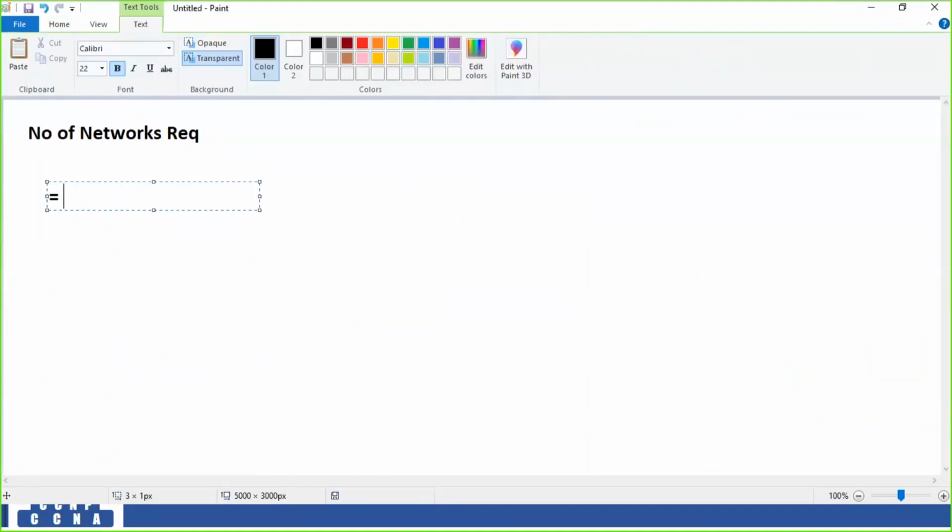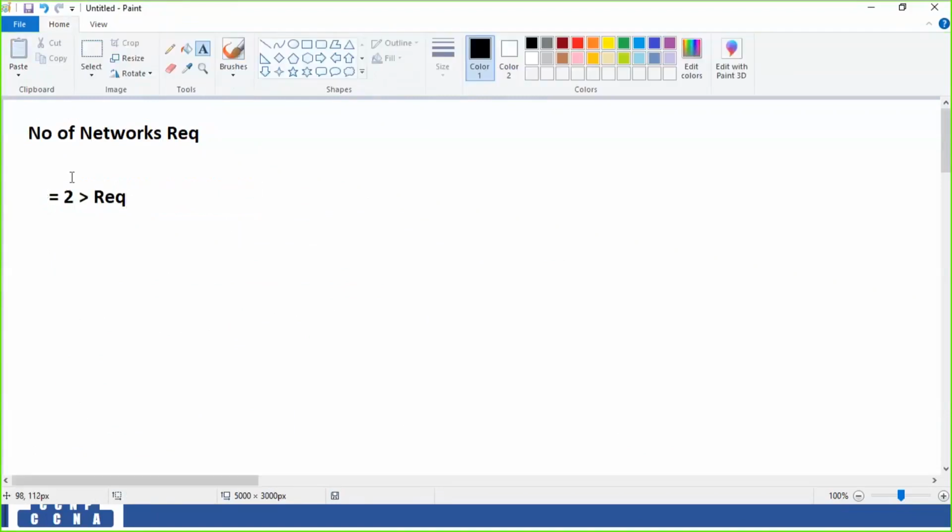For the number of networks requirement, the formula will be 2 power n greater than or equal to the requirement. So remember this formula: 2 power n greater than or equal to the requirement. Clear? Okay.